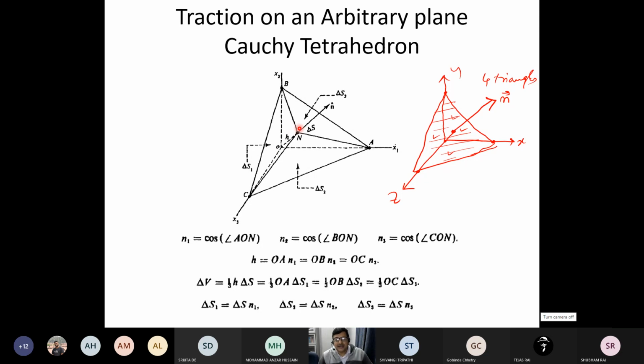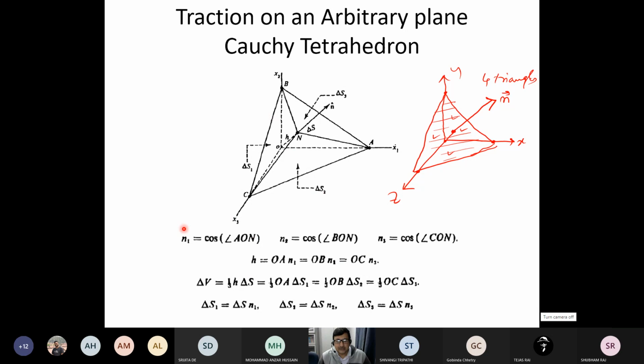And then you can write h is equal to OA into n1, OB into n2, and OC into n3. This is again coming from the geometrical argument that n1 into OA is my h, n2 into OB is my h, and n3 into OC is my h.